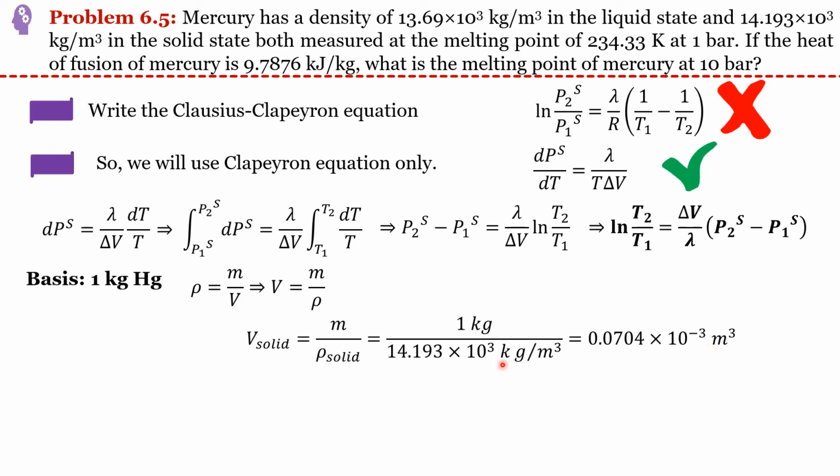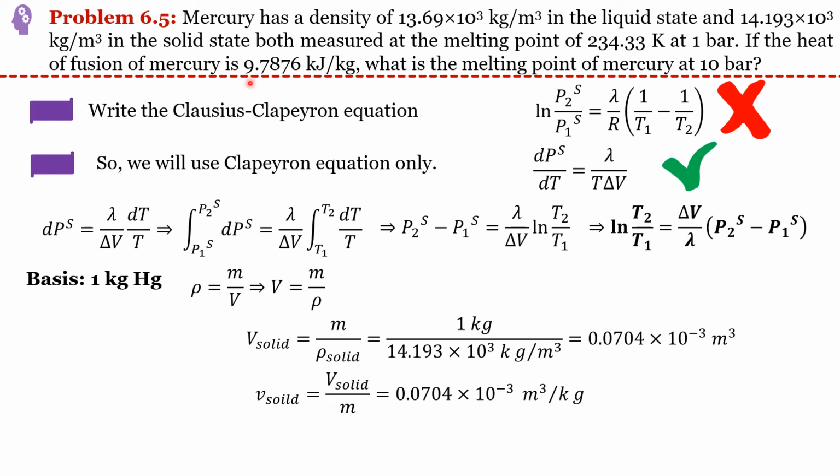Further we need to find the molar volume of solid. So we can write the molar volume of solid equal to volume of solid divided by mass. Here we will get this value, and this value is meter cube per kg. Why have we taken this in terms of meter cube per kg?